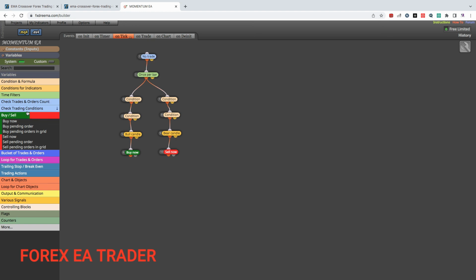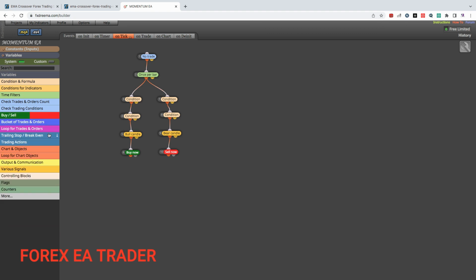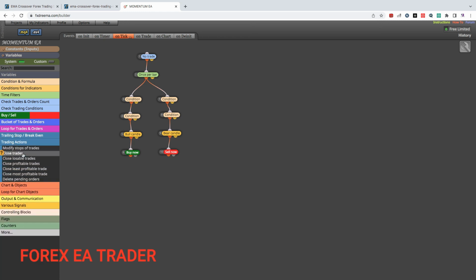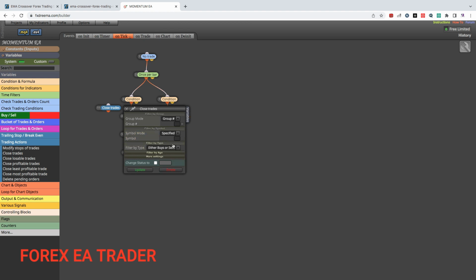And then you can also, I mean, there's a lot of things that you can do. You can find ways to close trades. Where is that thing where you can close trades? Yes, here you can close trades. Double click. What you want is by type.